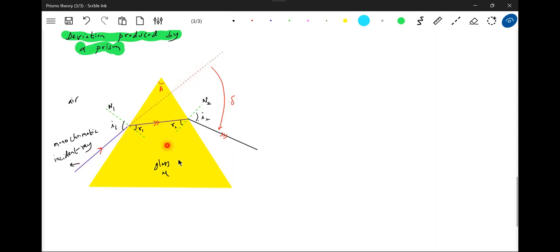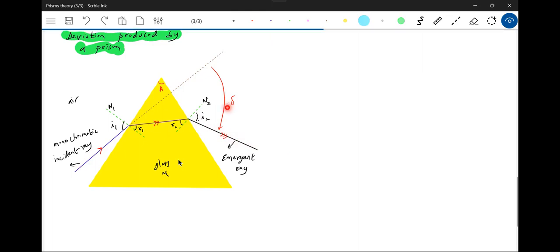Now, due to the presence of the prism, this is the emergent ray. So the ray will take this particular path here. This is called the deviation. So it got deviated; I'm able to change the direction of the path of the ray.